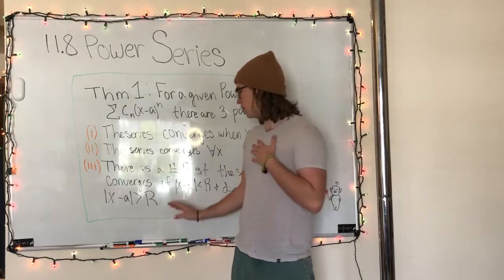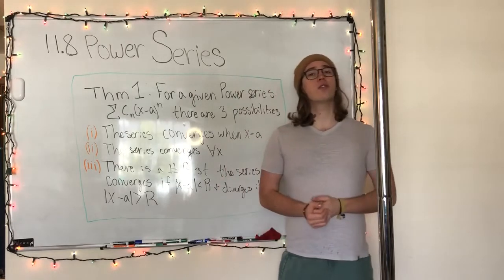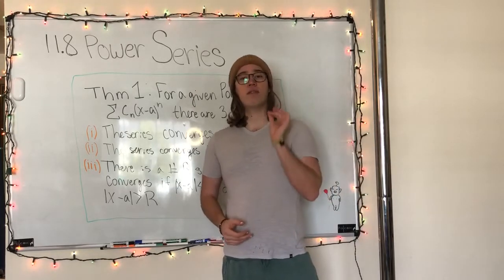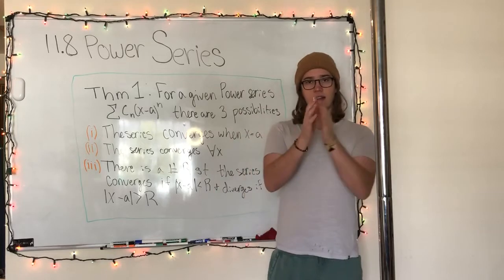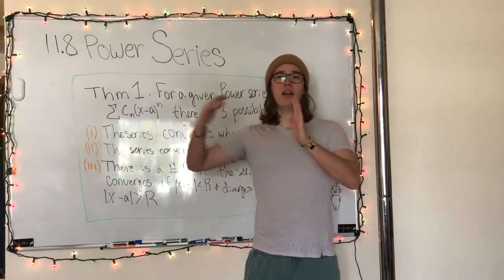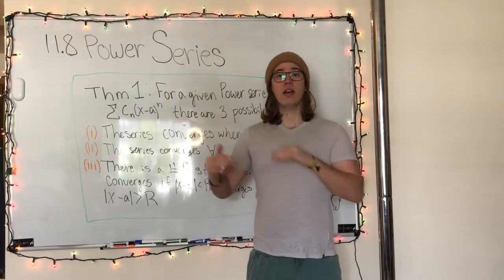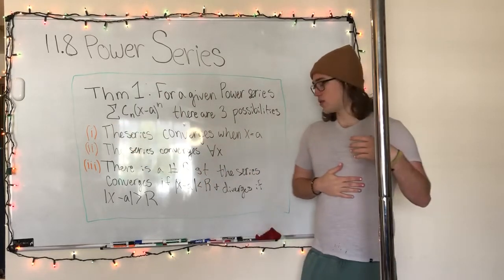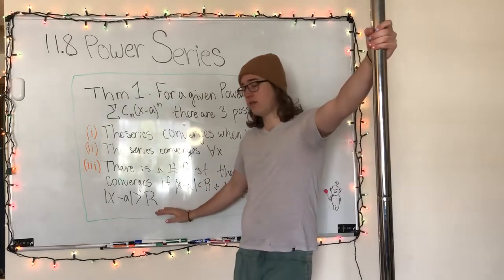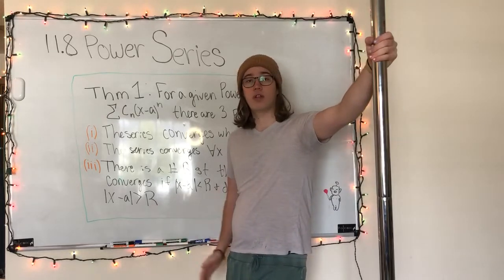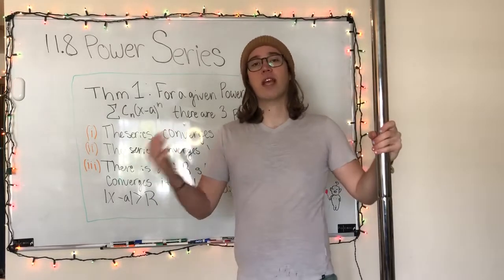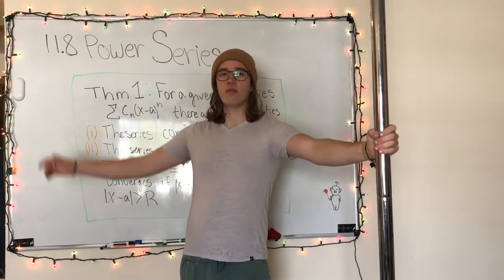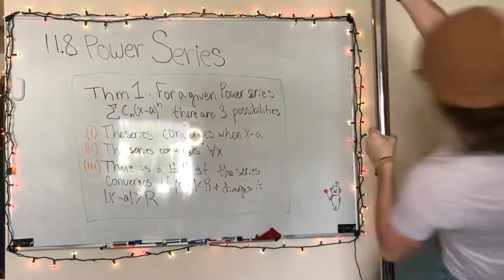And so this r is very important. This r is going to be called the radius of convergence. And essentially, that is how far your x can stray away so that our series still converges. And so then we have this r, which is our radius of convergence, and from there we can create our interval of convergence, which we will go into now.